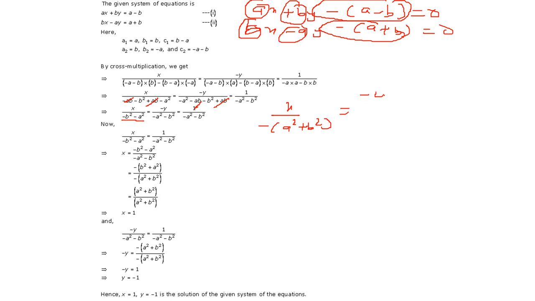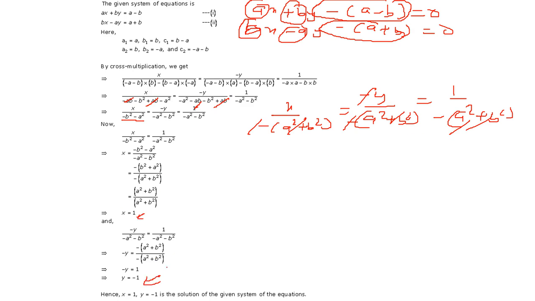Here you have minus y by a square plus b square again, and here you have 1 by a square plus b square. So whenever you take x, this gets cancelled, so you have x equal to plus 1 because minus minus gets cancelled. For y, you cancel these minus because it is already minus there. So this gets cancelled, you get y equal to minus 1. So this is how x equal to 1 and y equal to minus 1 will come.